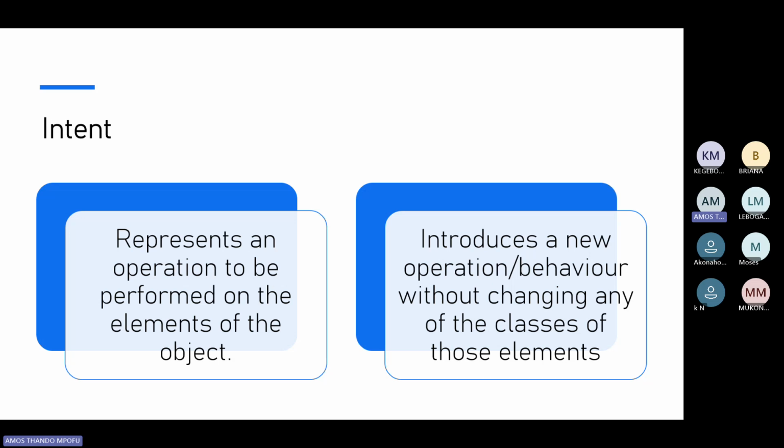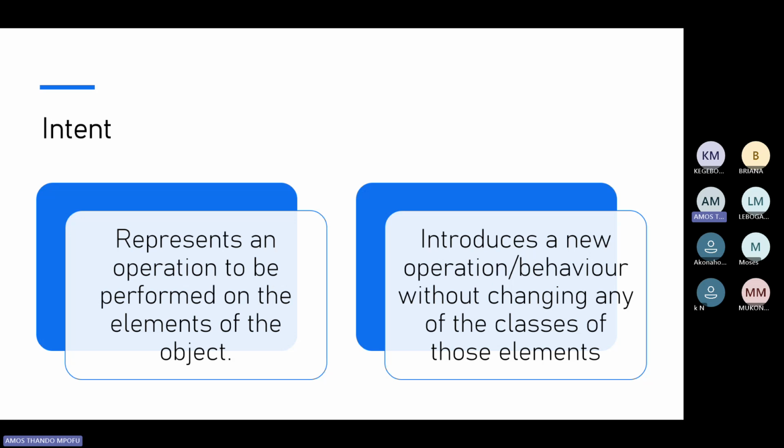So with the visitor design pattern, it's a way for us to represent an operation that needs to be performed. For example, let's say the doctor is going to perform an operation.